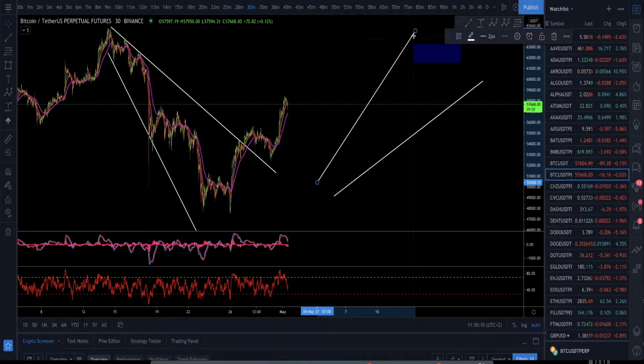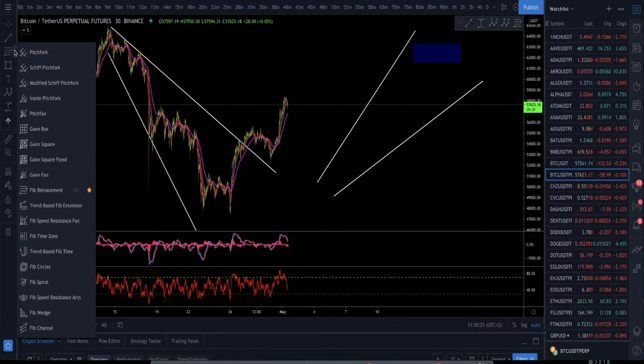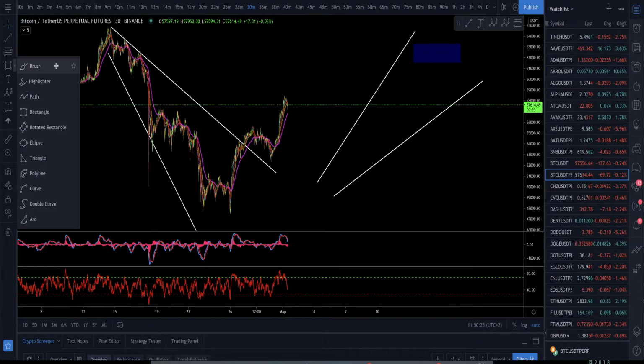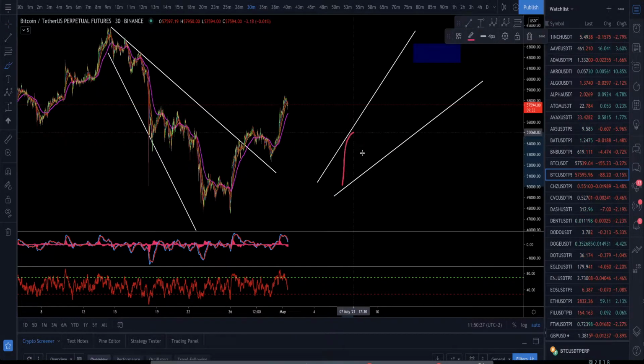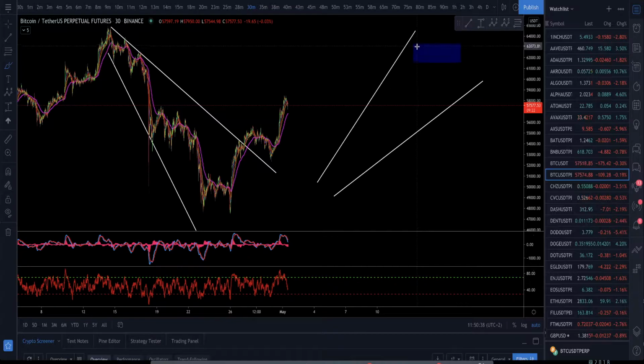It doesn't need to go all the way to touch the trend line here, but most likely this place will definitely be the zone where we can look for a trade or look for a reversal. So yeah, it goes like A, B, C, D, like this, and this is the place. This is the zone where we actually have to look for a trade.